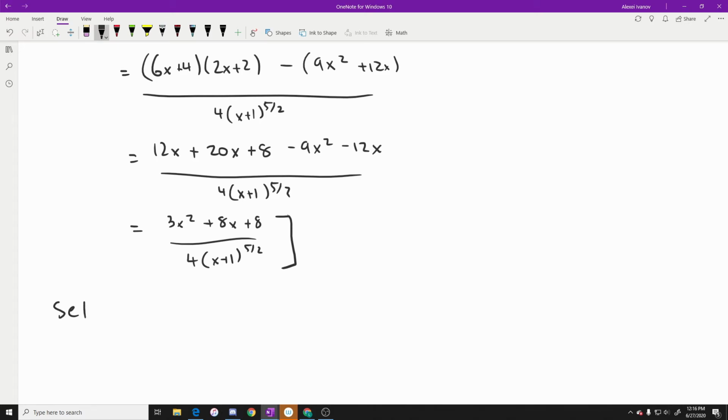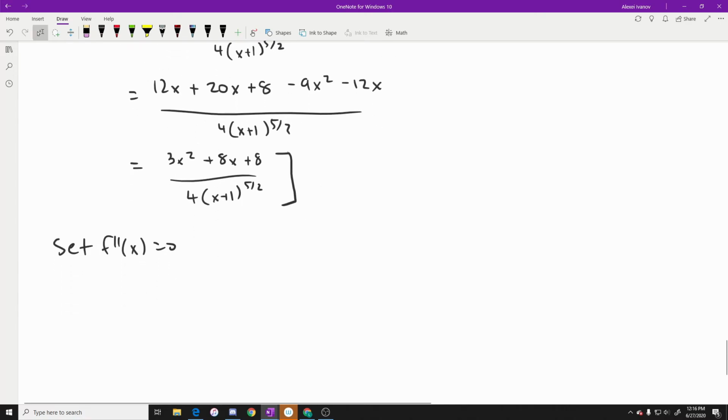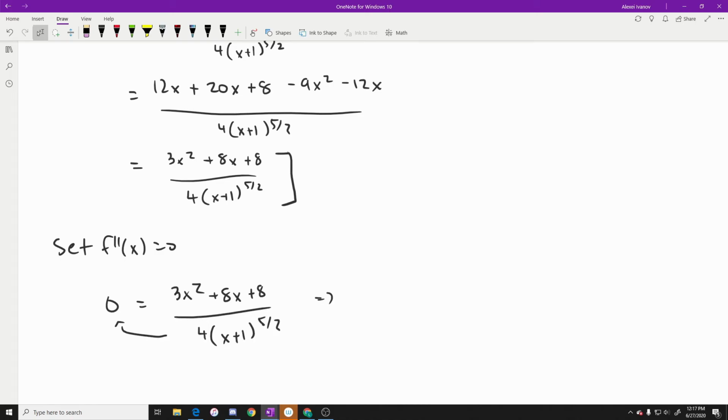And again, we're going to set f double prime at x equal to 0 to find our intervals. So let's go ahead and do that right now. Again, we can cross multiply this upwards, and we're going to be left with 0 equals 3x squared plus 8x plus 8.